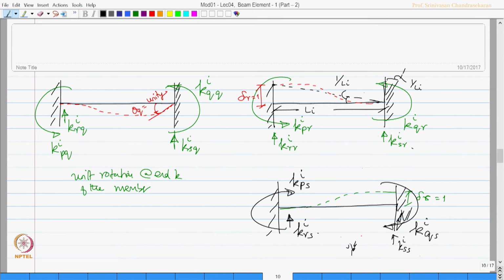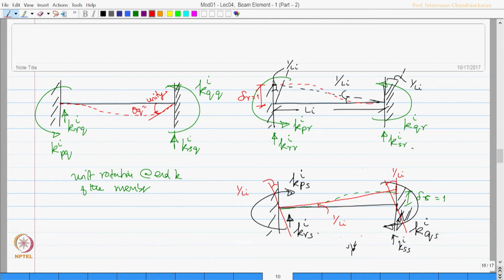We will also have the same fashion here, which is 1 by Li. Similarly, we can also do this by joining the initial and final line of this member and saying that this rotation is 1 by Li, which will cause rotation here and here, which will be again 1 by Li and 1 by Li.